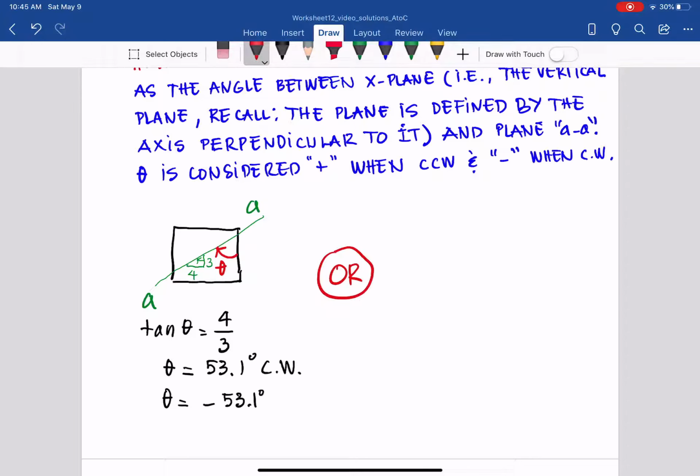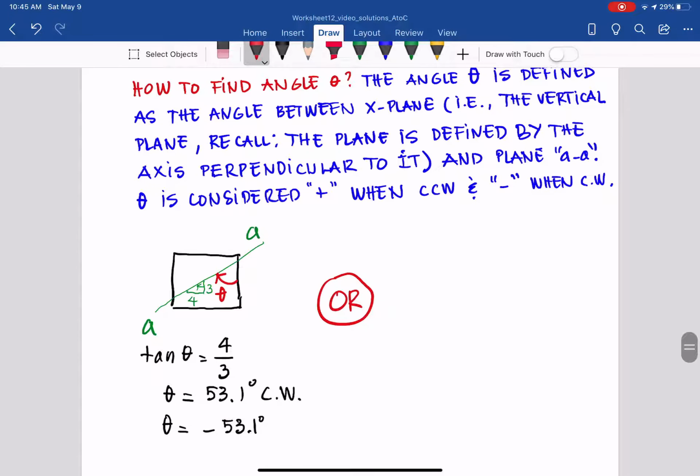You have the horizontal x axis, and the plane AA, and the slope of that plane is again 4/3. What does that mean?